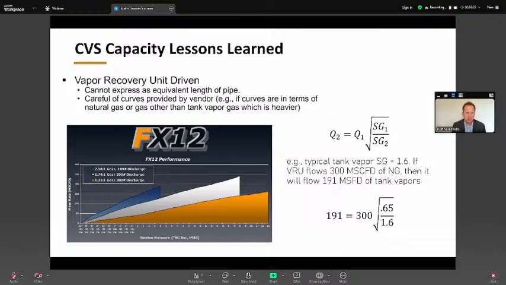So they're very hard to describe, and so testing becomes absolutely critical for VRUs because you can't really express them in terms of equivalent length. You can express them as a capacity. So you want to be very careful in how you represent that as a capacity, and really lean on your design basis when you're modeling a vapor recovery unit.